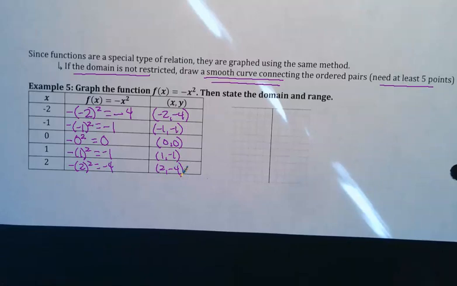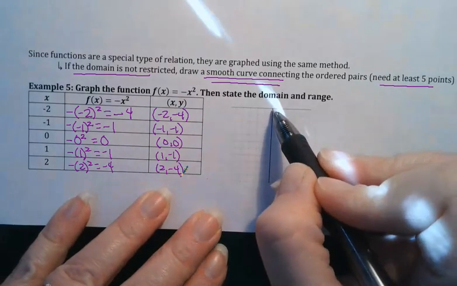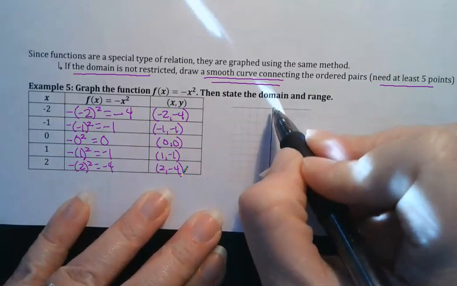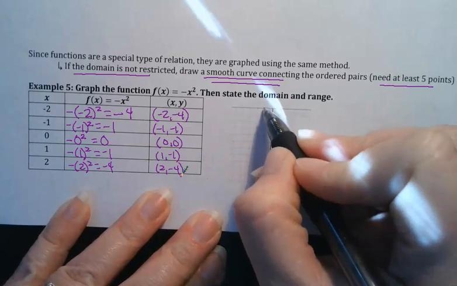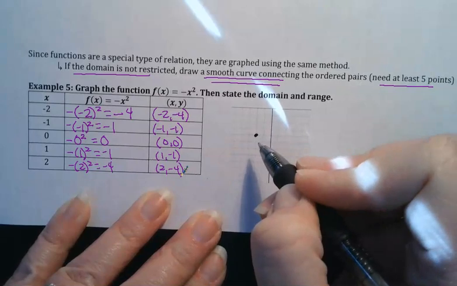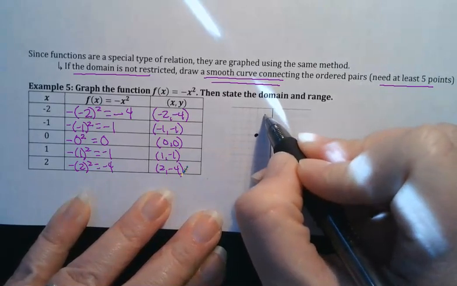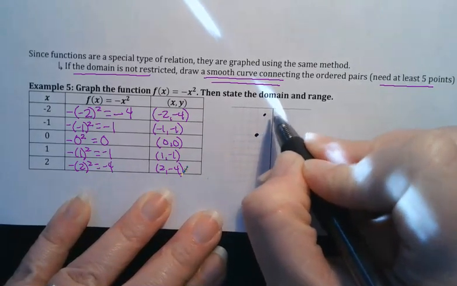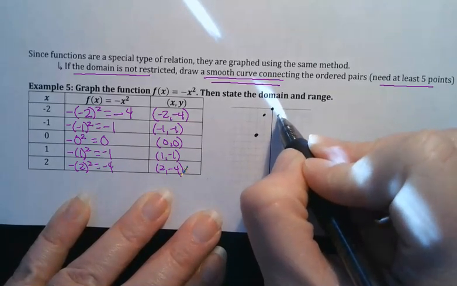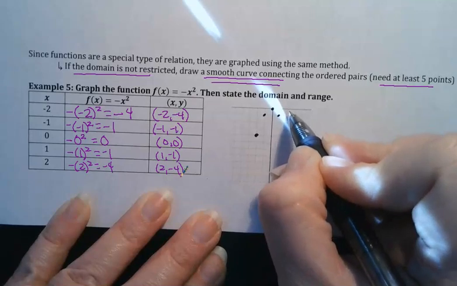Where's the middle? So this would be your 0, 0, and this is the bottom 2 quadrants, so this is 3 and 4. Then we have -2, -4. I'm going to graph it on the paper, try to be a little more precise. -1, -1, 0, 0, 1, -1, and 2, -4.